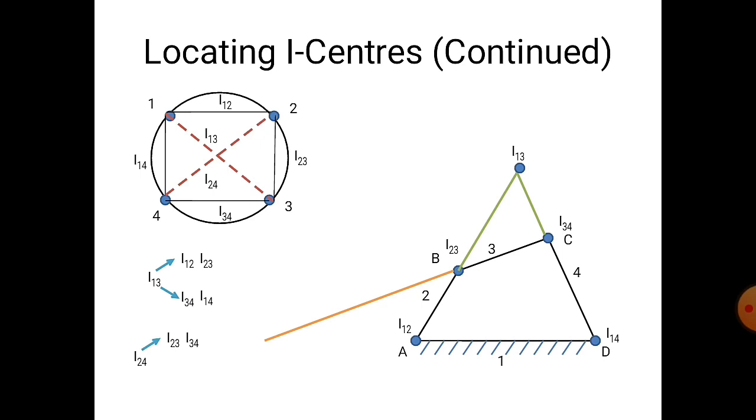Now the I24 point is also lying on the same straight line passing through I12 and I14. So join these 2 points and extend them. So the point of intersection of these two lines is nothing but the eye center I24. So in this way we can find out the position of neither fixed nor permanent eye centers.